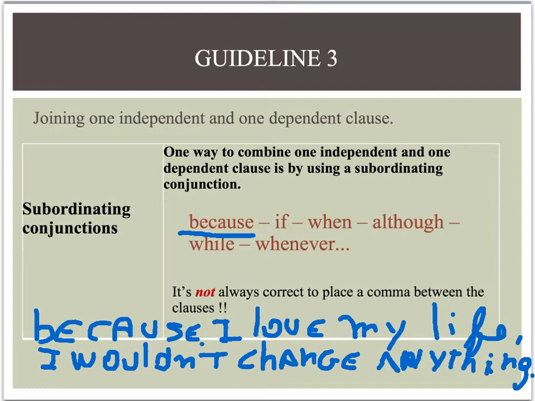If we invert, I wouldn't change anything because I love my life, no comma.